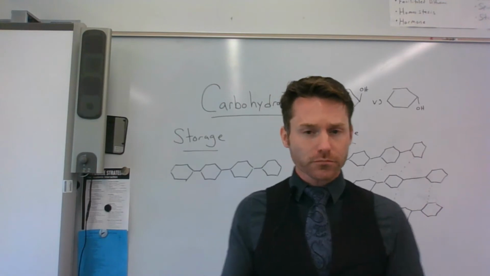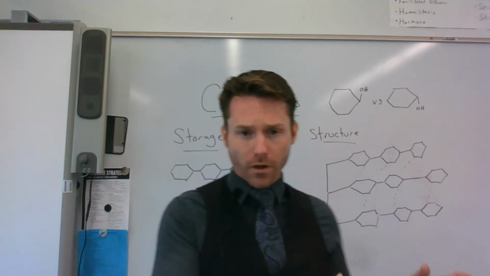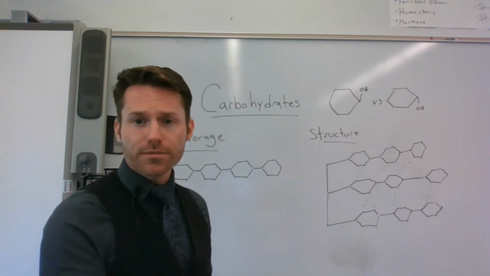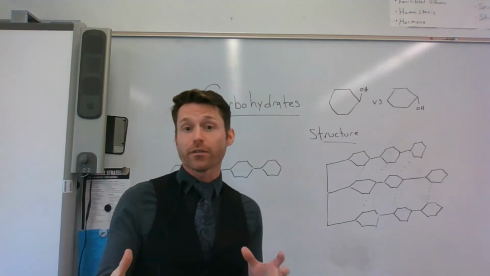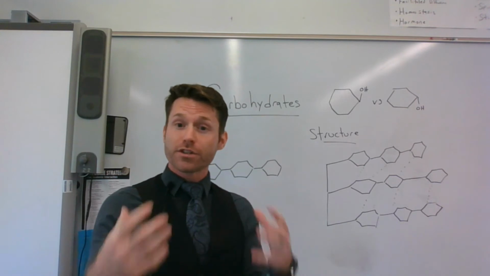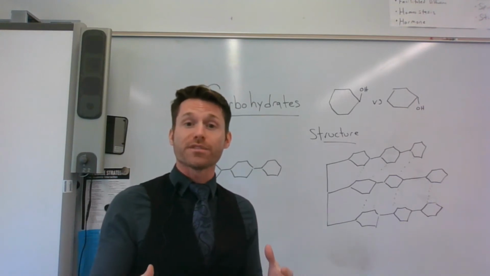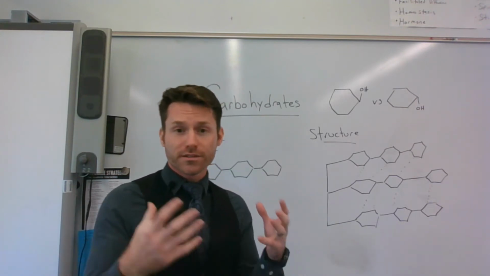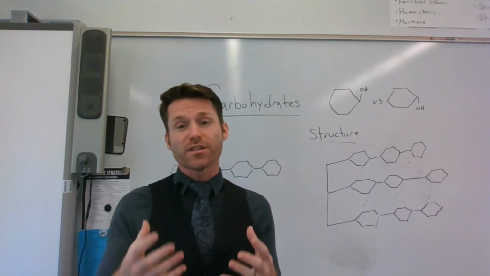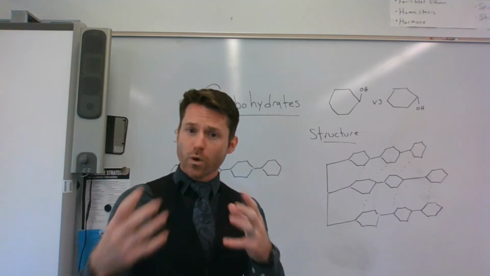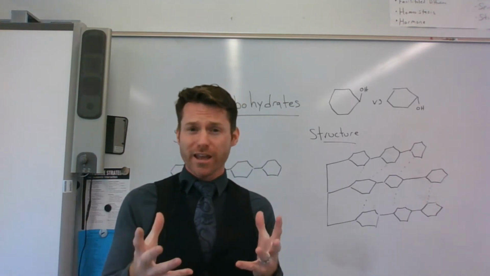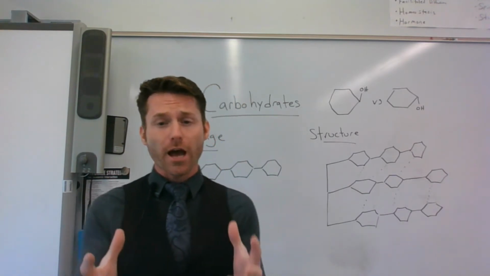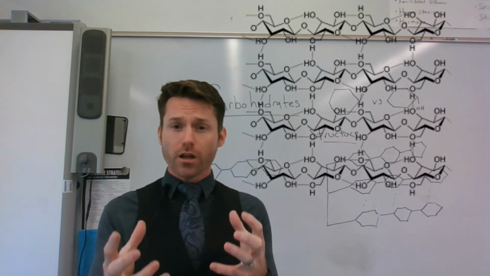Now, other organisms, such as plants and bugs, rely very heavily on carbohydrates for structural components of themselves. And so some carbohydrates are very stiff and rigid and well formed for protective purposes. And so plants in particular have a carbohydrate structure called cellulose.